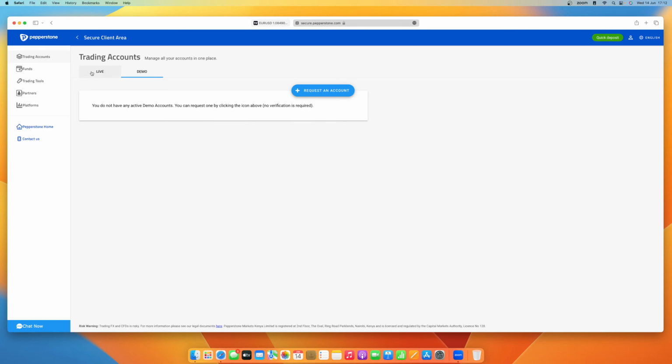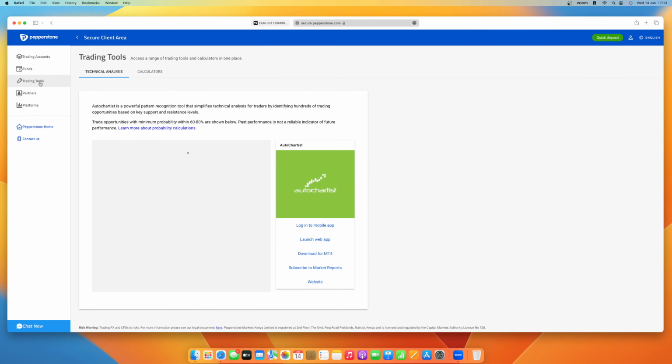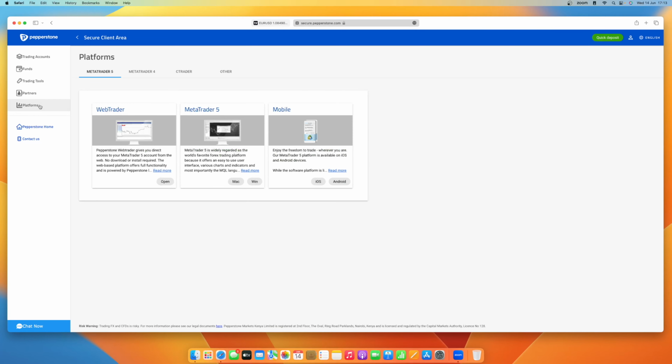So if I want to trade now on the Pepperstone platform, I can just come down to platforms, and I can trade directly from the website, clicking, I think, web trader. So I can click open.